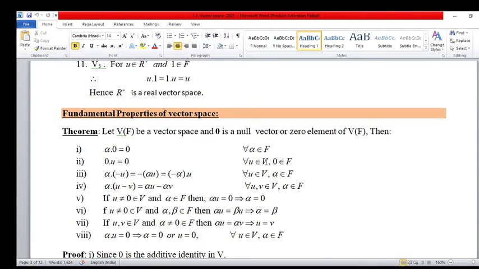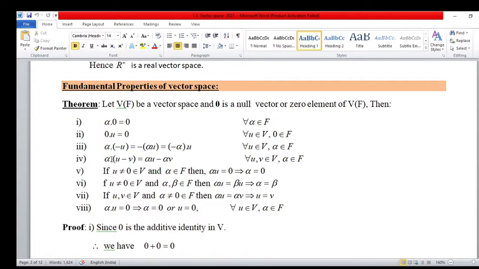Again u is the vector in V and 0 is the scalar. Here alpha is the scalar, here 0 is the scalar. Third is alpha dot minus u is equal to minus alpha u is equal to minus alpha dot u, and u is an element of V and alpha is an element of F, meaning scalar. Fourth is alpha dot u minus v is equal to alpha u minus alpha v. Again u, v are elements of V and alpha is an element of F.